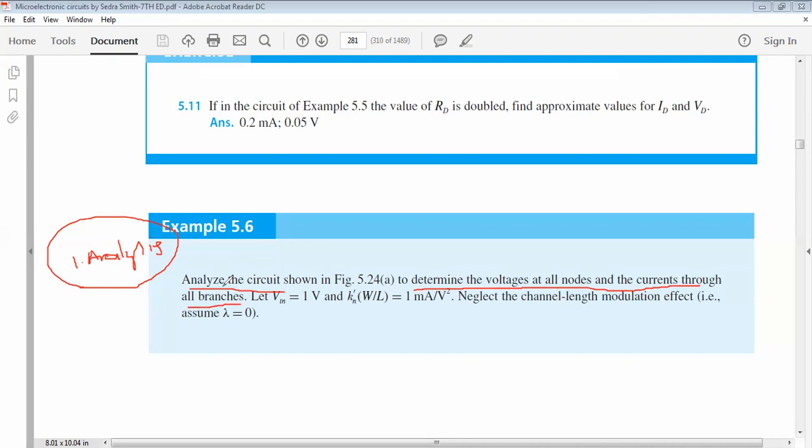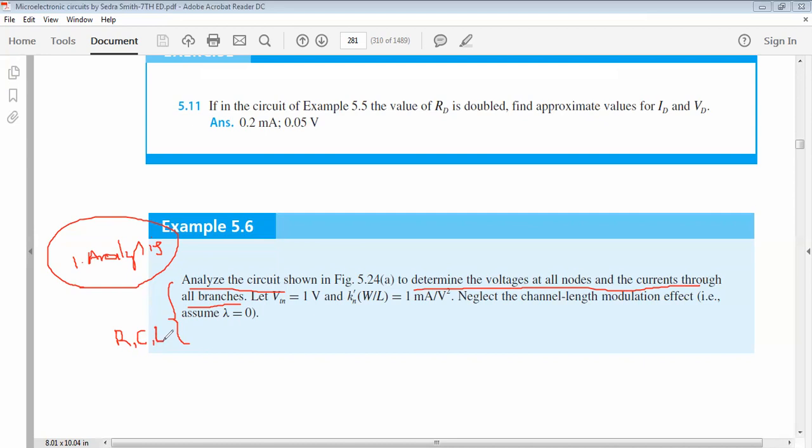In the previous video lecture, that was the design problem. Designing means we have to find the resistors, capacitors, and whatever other components in the circuit, RLC components. Designing means we have to find the resistor values in the given circuit, or capacitor values, or inductor values.